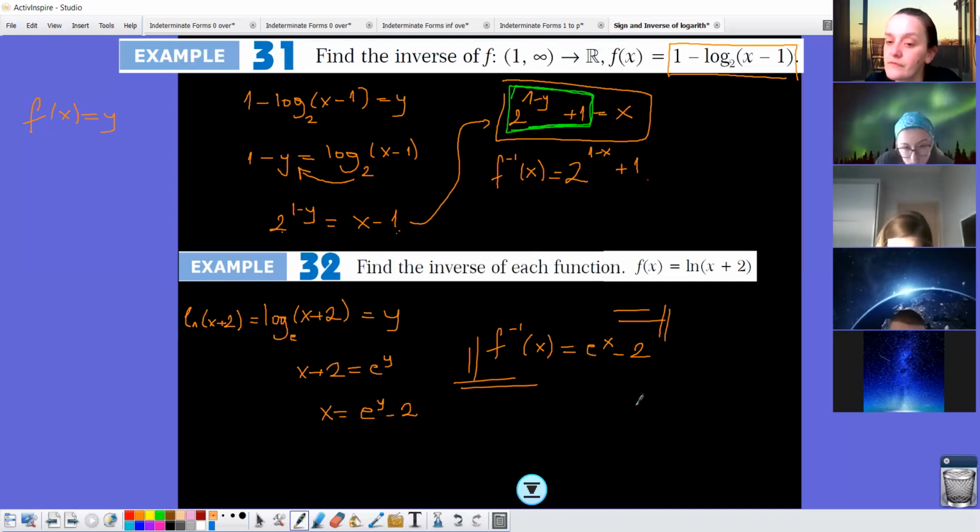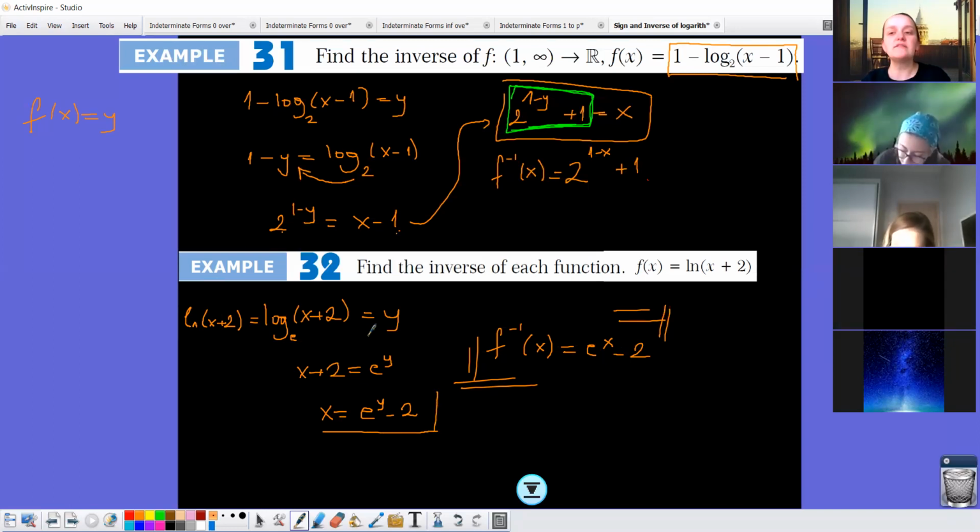Teacher, why did we change from y to x? That part I didn't understand. If you have questions, you have to ask from the beginning. After every question, this step gives you the inverse of your function, because the function is equal to y.